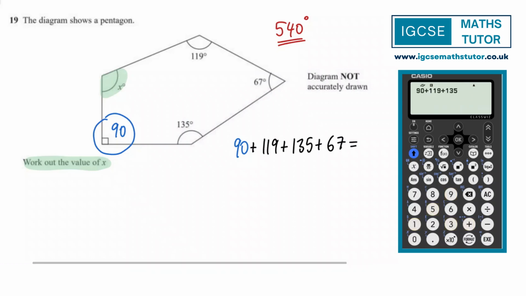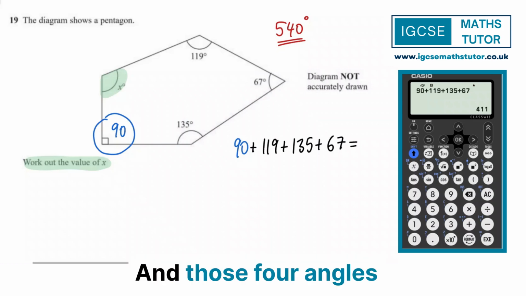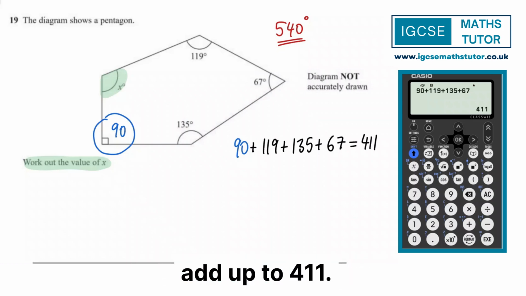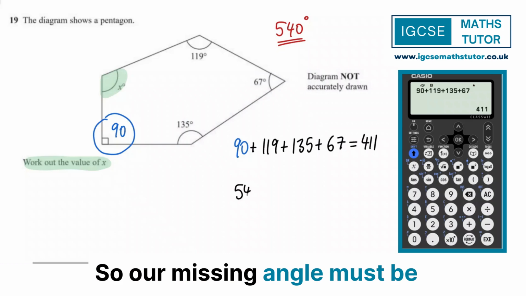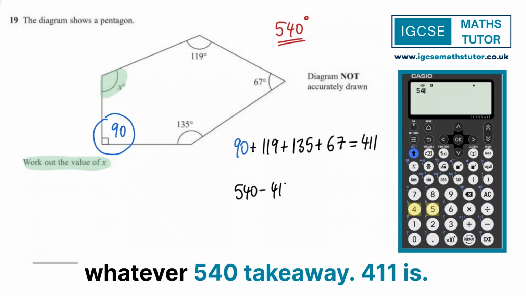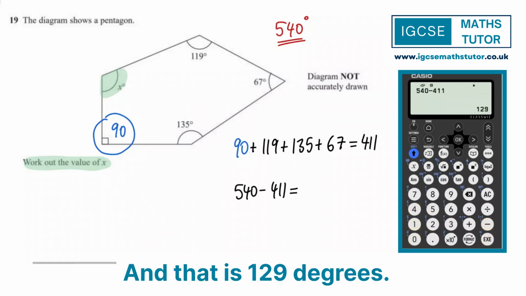Use your calculator. And those 4 angles add up to 411. So our missing angle must be whatever 540 take away 411 is. And that is 129 degrees.